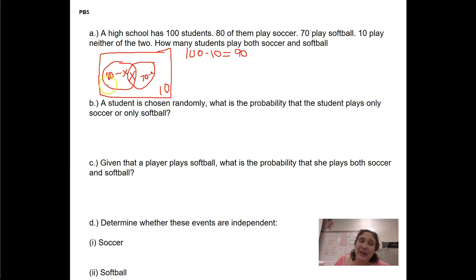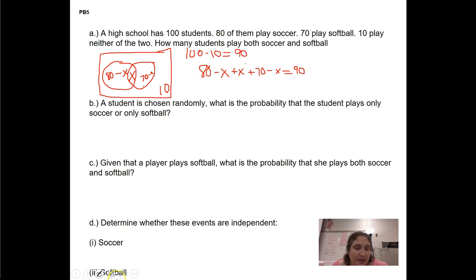Now, when we add these three parts up, we should get 90. So I'm going to write 80 minus X plus 70 minus X, and all of that equals 90. It doesn't equal 100 because 10 kids didn't play sports, so we don't include those.